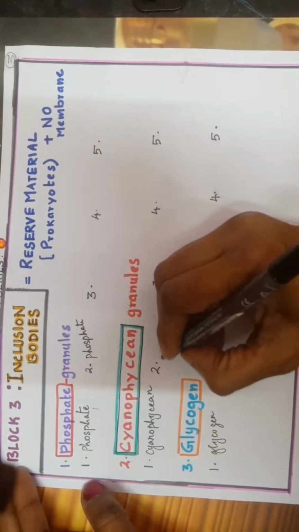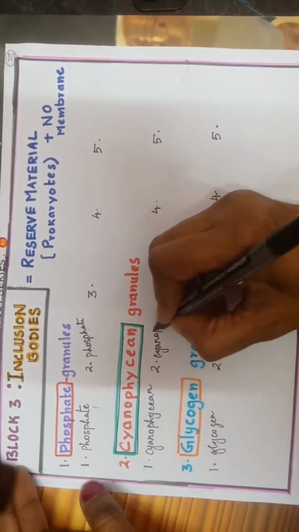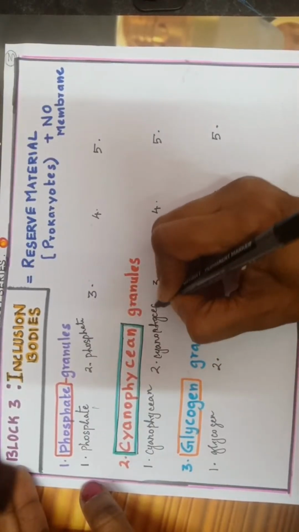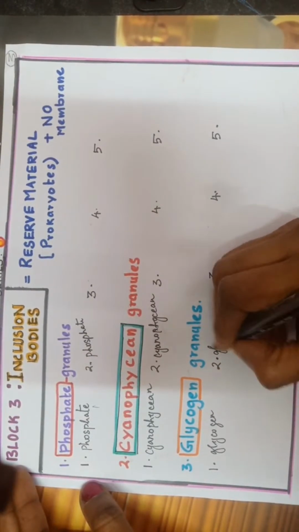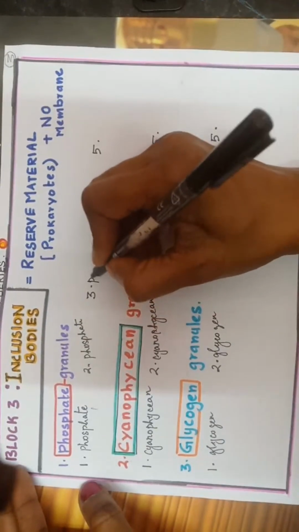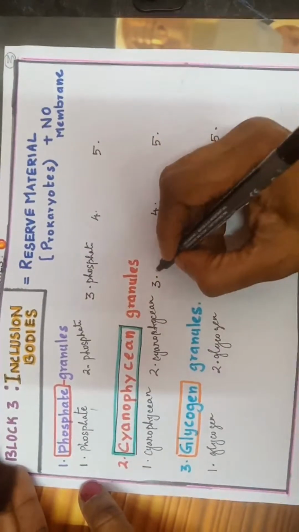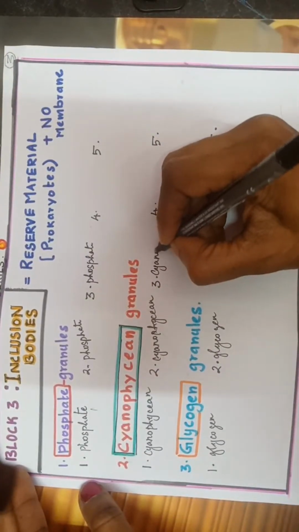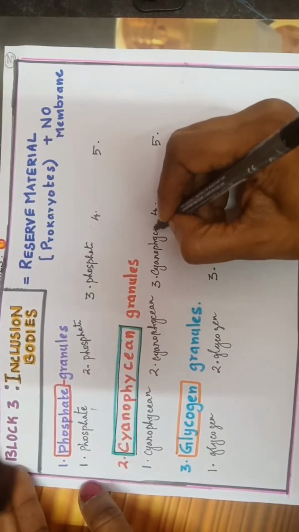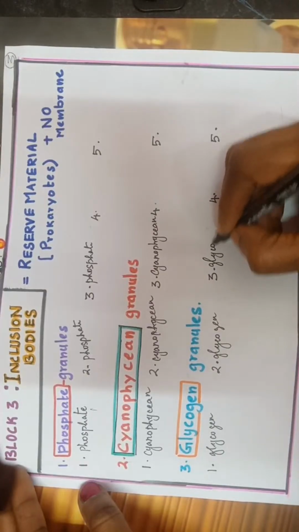Phosphate granules, cyanophycean granules, glycogen granules. Phosphate granules, cyanophycean granules, and glycogen granules.